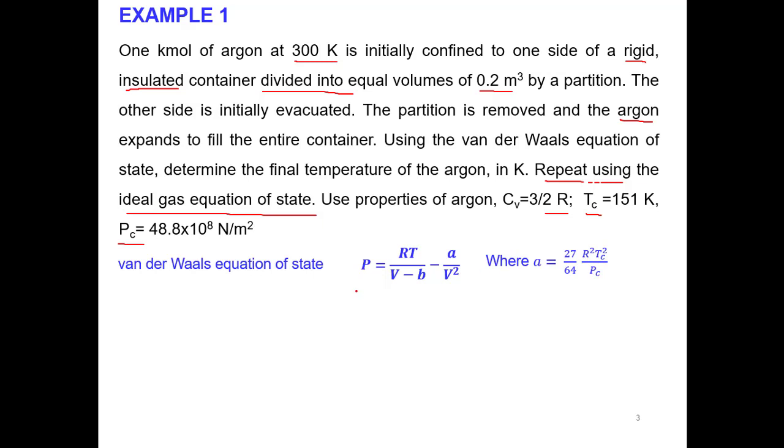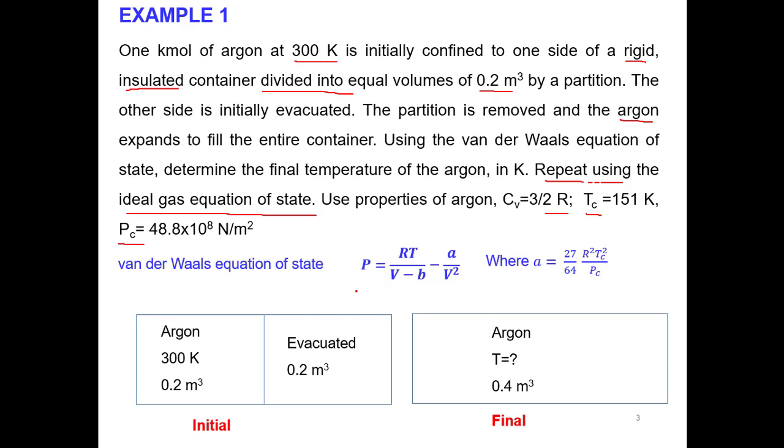So if we see it in graphical form, let's say this was a rigid and insulated container, right? And it had a partition with volumes of 0.2 cubic meter and 0.2 cubic meter. In one partition there was argon gas at 300 Kelvin and 0.2 cubic meter volume.